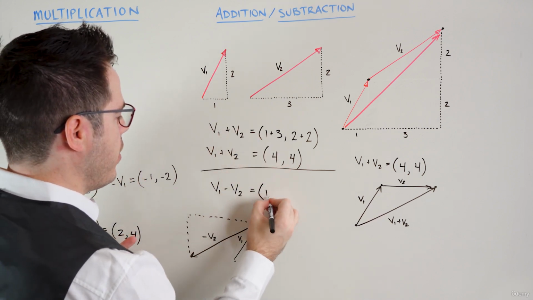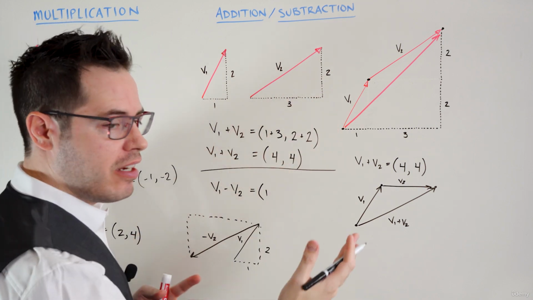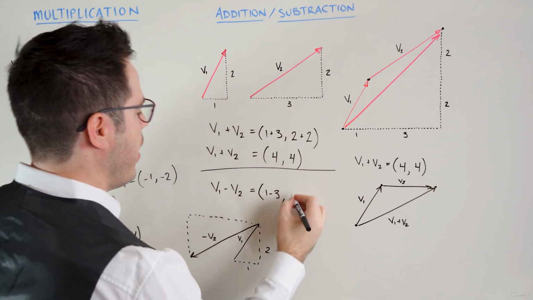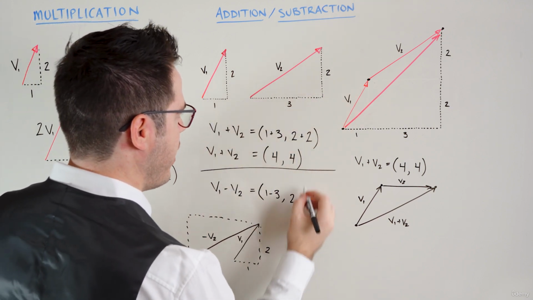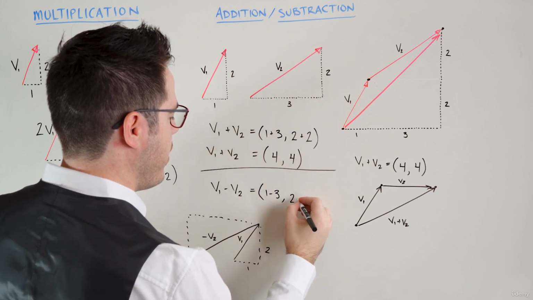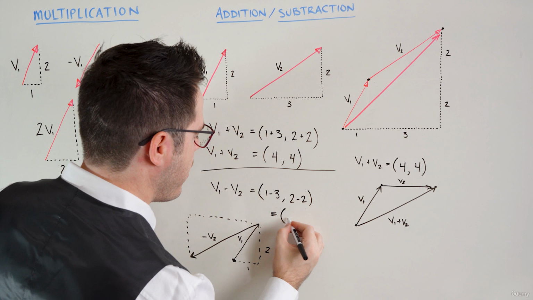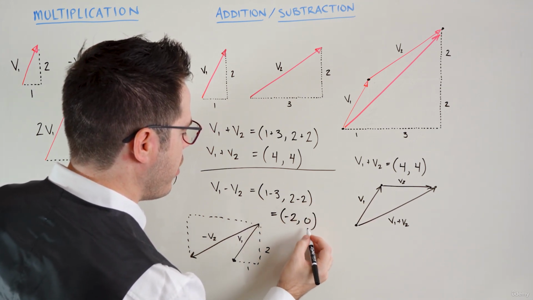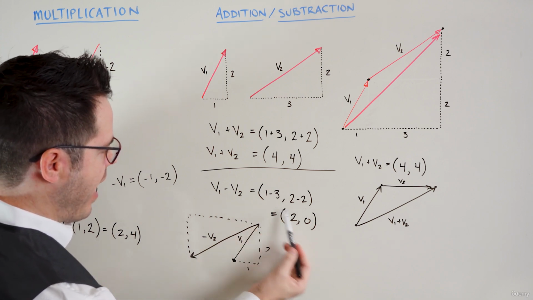v1's x is 1, v2's x is 3, and negative v2's x is negative 3. v1's y is 2, and v2's y is 2, and negative v2's y is negative 2. And this simplifies down to 1 minus 3, which is negative 2, and 2 minus 2, which is 0. Now, we have v1 and negative v2, and we just added them together.